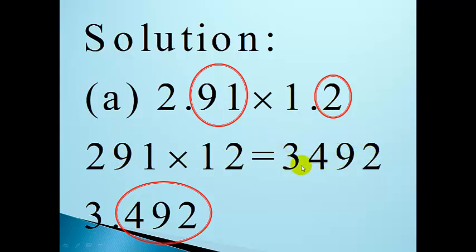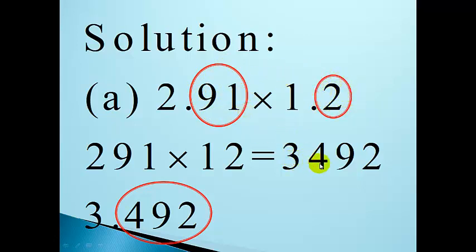Now after multiplying the whole numbers, that is 291 and 12, to get 3,492, you will have to count the decimal places. The decimal place here is 2. The decimal place here is 1. So together we have 3 decimal places.